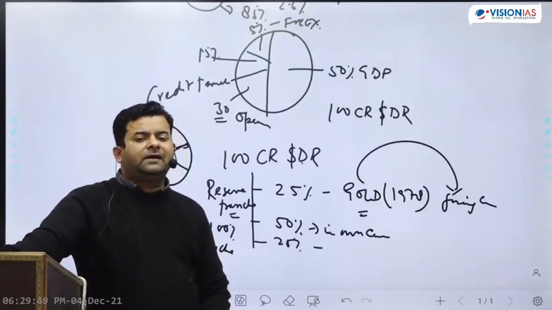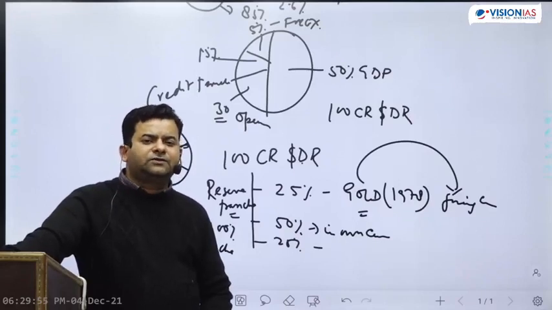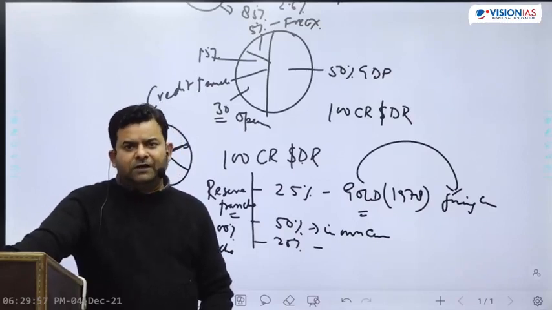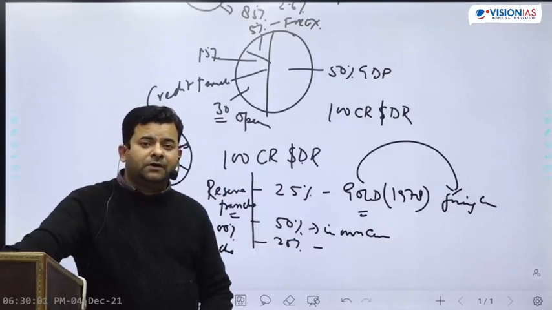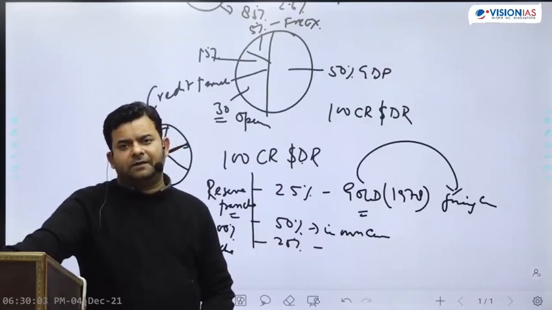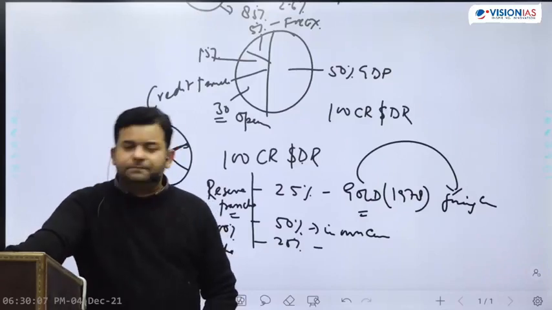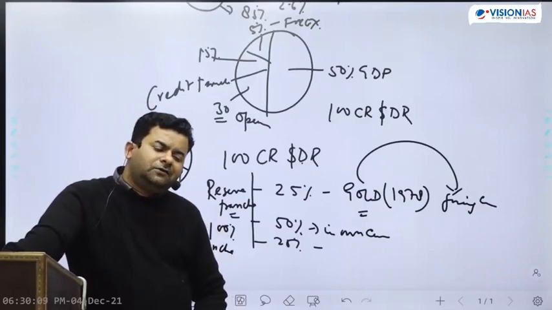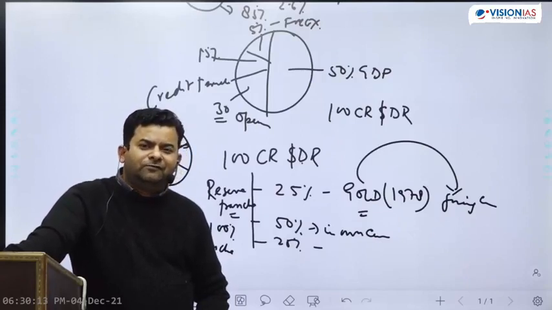Like the World Bank, even the IMF provides a very important document, called the World Economic Outlook. World Economic Outlook is a very important document by the IMF. In fact, off the record, if I could tell you, because you guys are listening well, your economic survey comes in two volumes, volume 1 and volume 2.